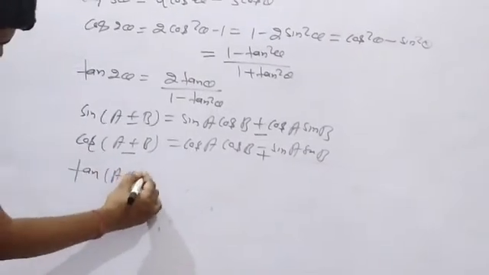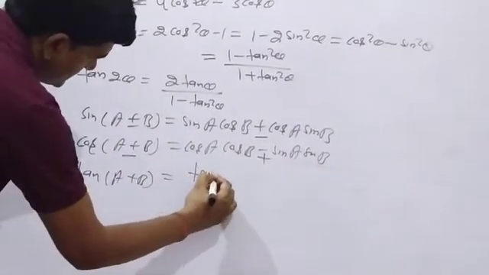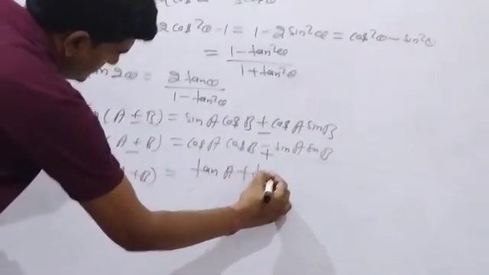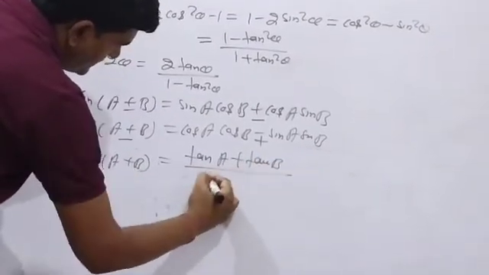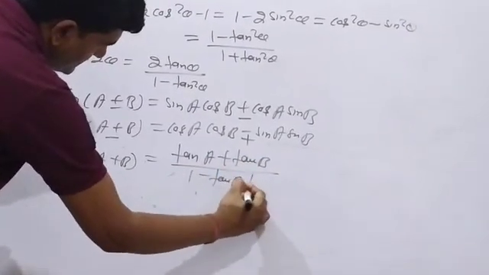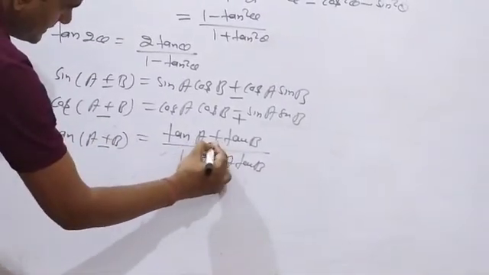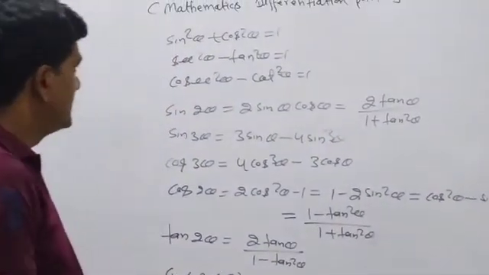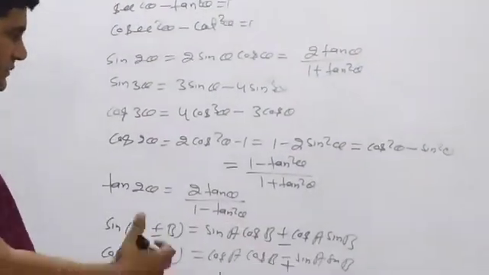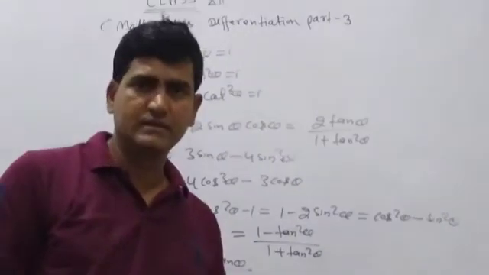And tan A plus B is equal to tan A plus tan B upon 1 minus tan A into tan B. If minus here, then change the sign, minus here plus sign, because I am not going to write a separate formula, because all the formula already we have done in class 11.